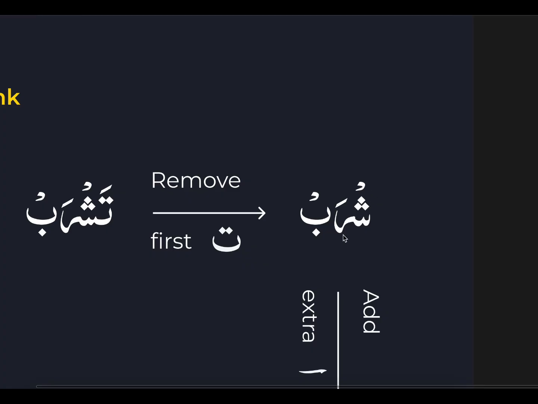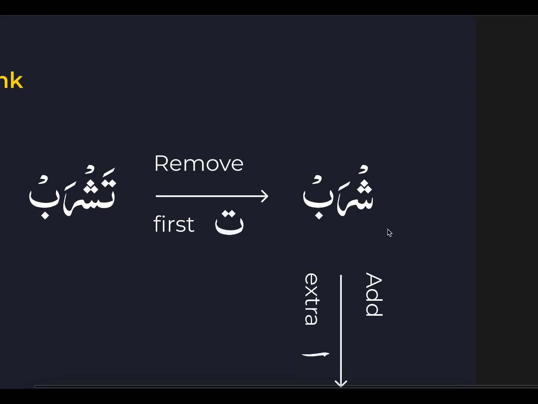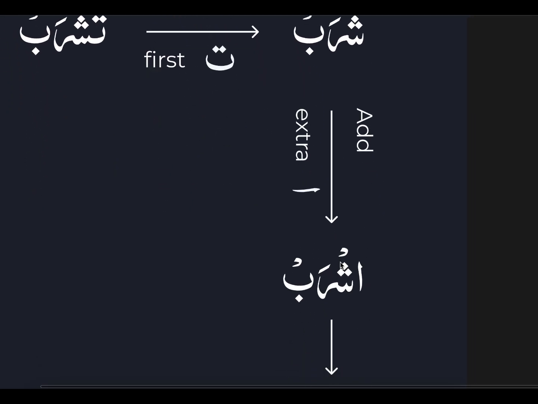It's not readable because there's sukun at the beginning. Now to make it readable, we have to add extra alif in the beginning. It looks like this. Now we need to add a sound to the alif. To do that we have to look at the second last letter. If the second last letter has u, then the alif gets u.